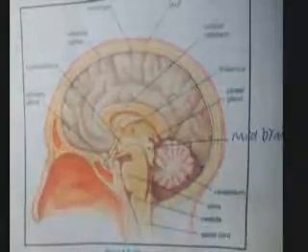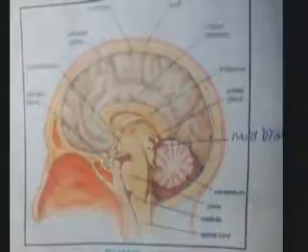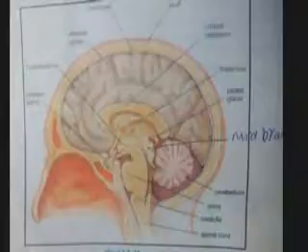Here in this diagram of the brain, we can see different parts of the brain. One of the largest parts, a folding-like structure, is the cerebrum, which is divided into two halves, and it is protected by a cerebral cortex, and these two halves communicate with each other with corpus callosum.